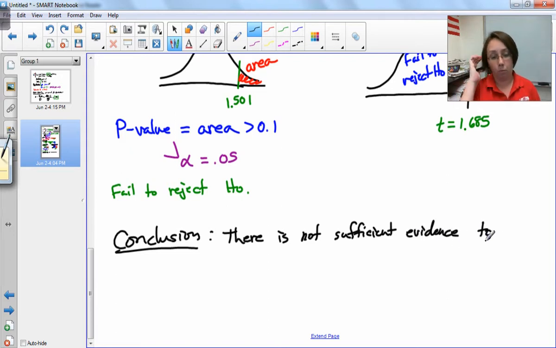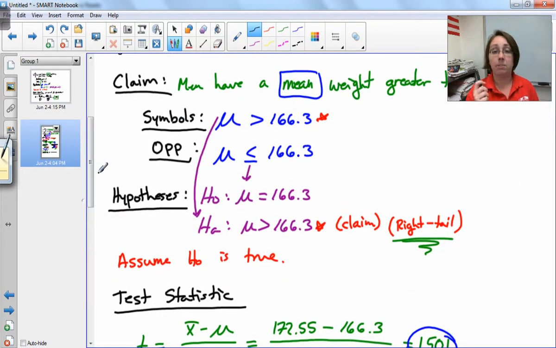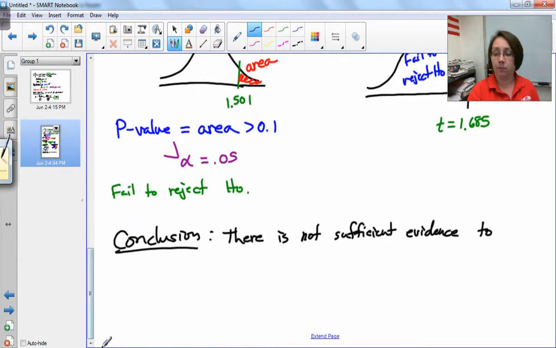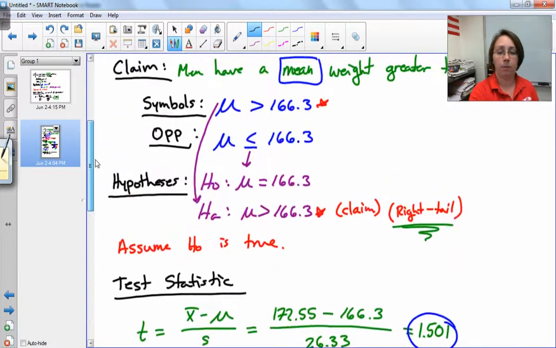Now, where is my claim at? My claim is my alternative. So there is not sufficient evidence to support the claim. You always want to support the claim if it's the alternative. Okay? So there's not sufficient evidence to support the claim that, and then you write the claim, which I forget what it was.